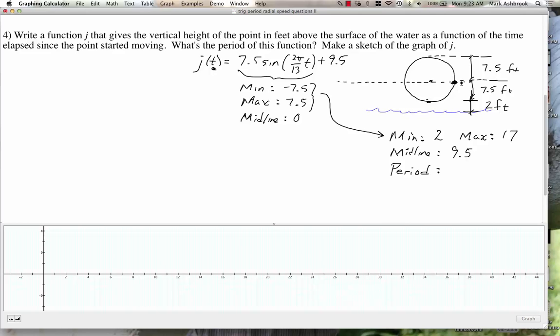What value of time gives us a full measure of output? 13 seconds. That was given, right? That was given that it takes 13 seconds. If our input of our function is time, whatever amount of time it takes to make one full cycle of output, that's our period. So we got 13.